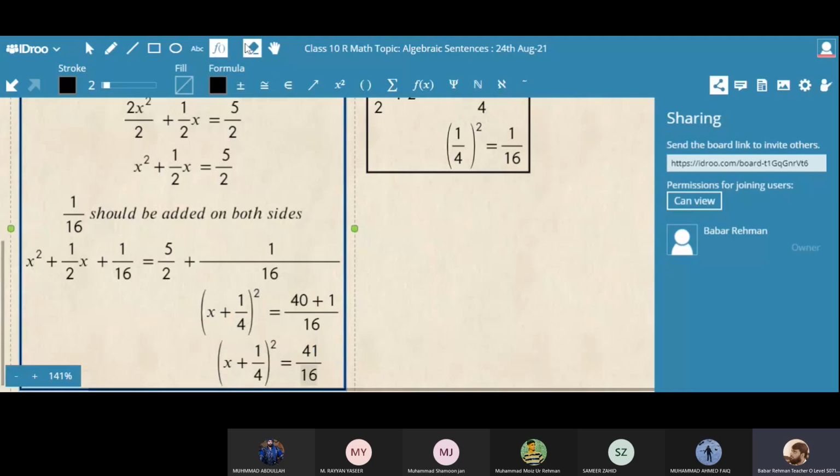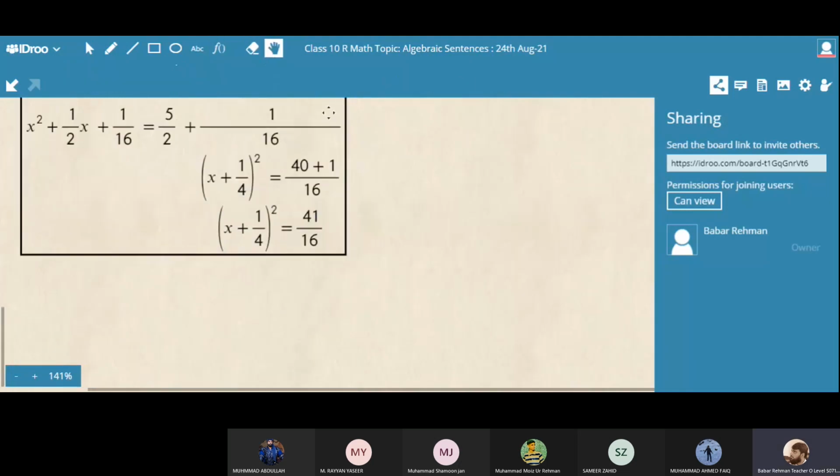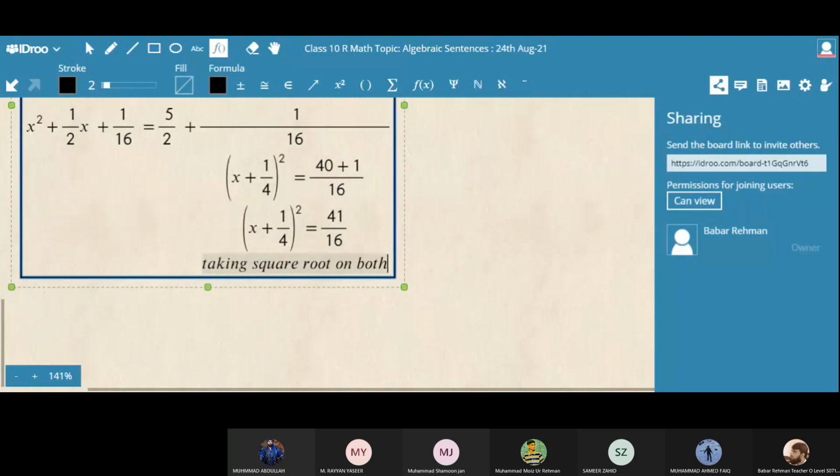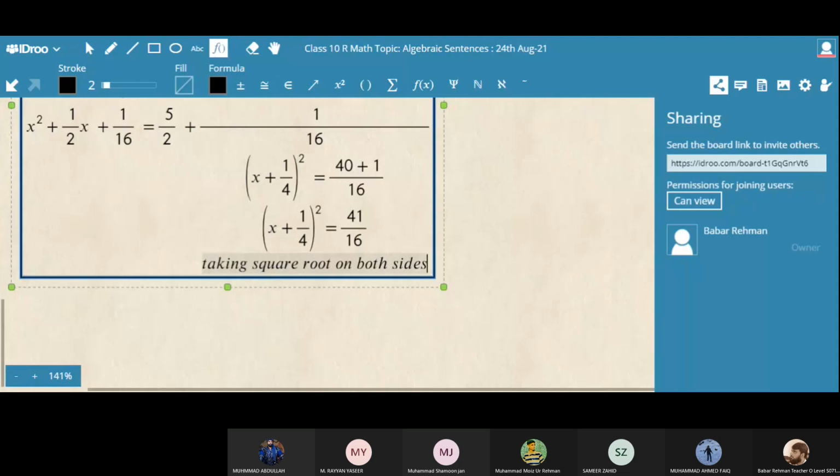Now, student, the next step is you have to remove this square. For this, you will take square root on both sides. Please write down. Taking square root on both sides.